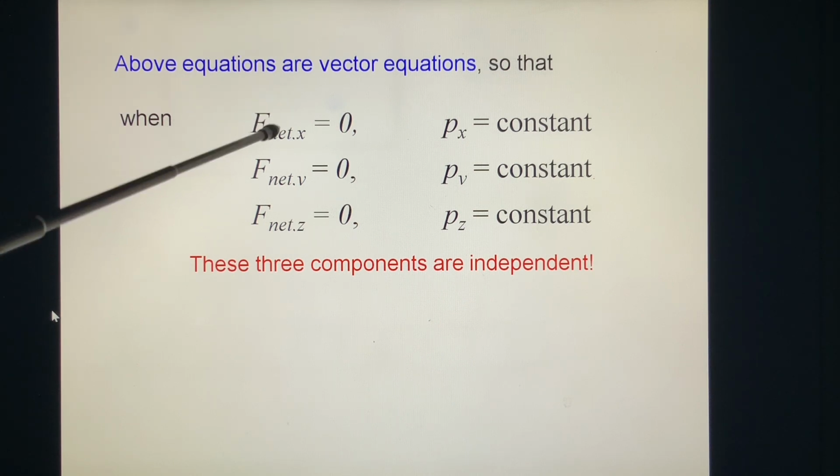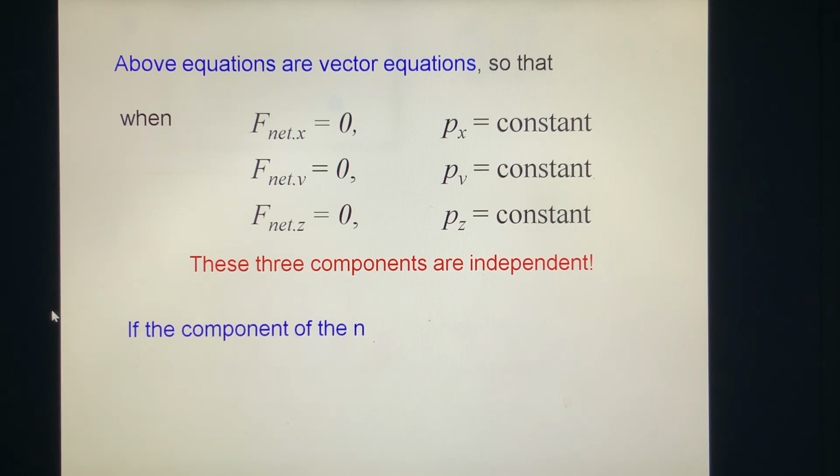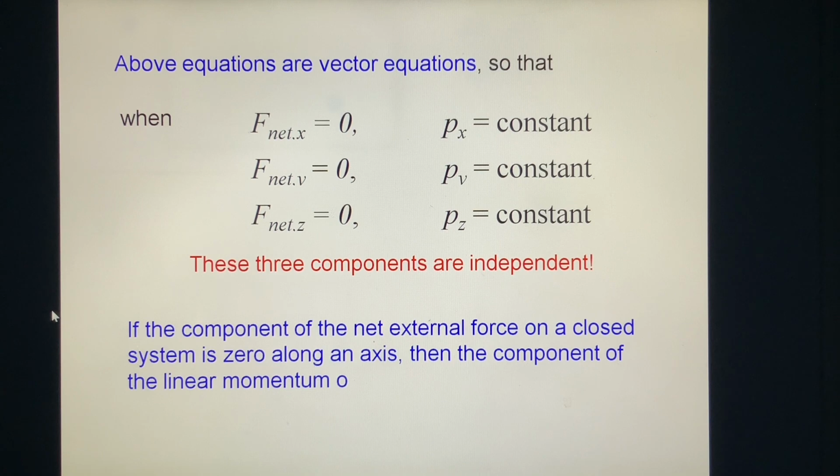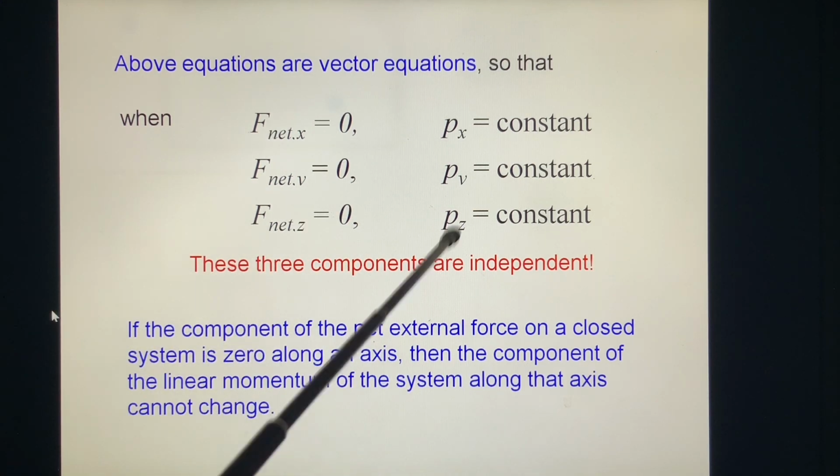F net x has nothing to do with Py or Pz. If the component of the net external force on a closed system is 0 along an axis, then the component of the linear momentum of the system along that axis cannot change.